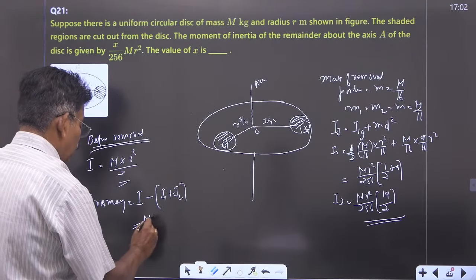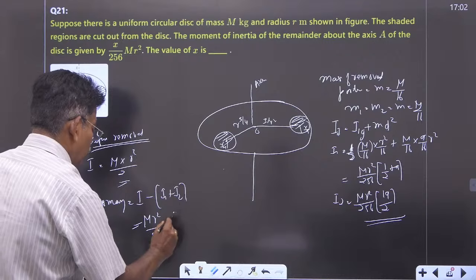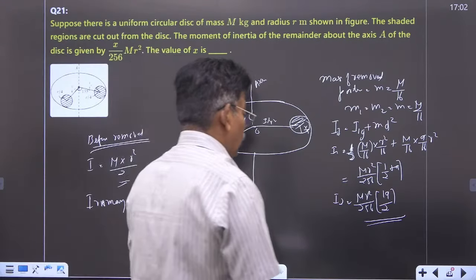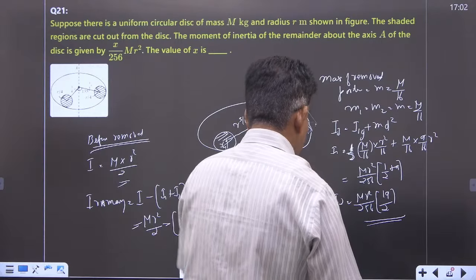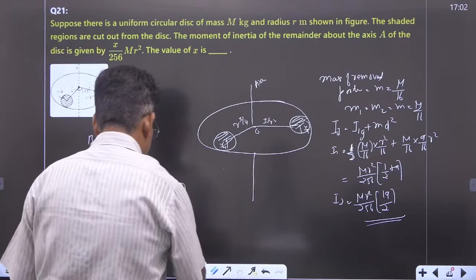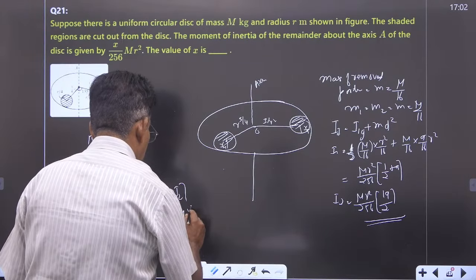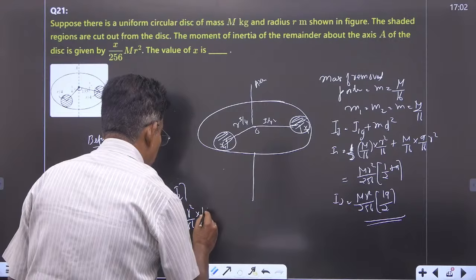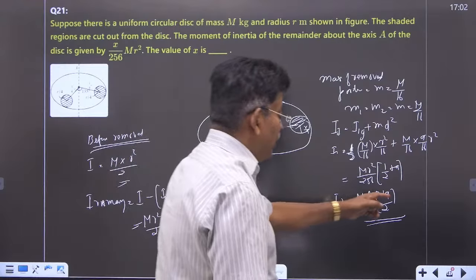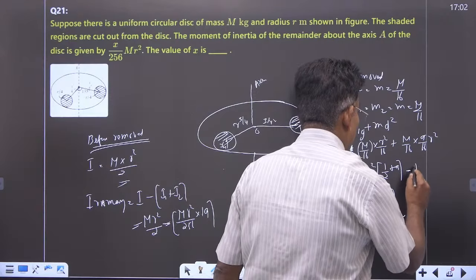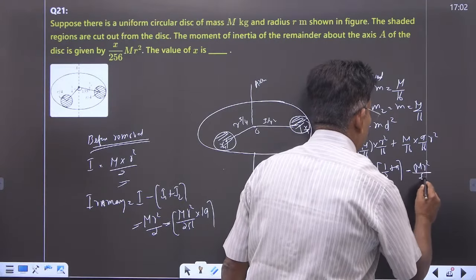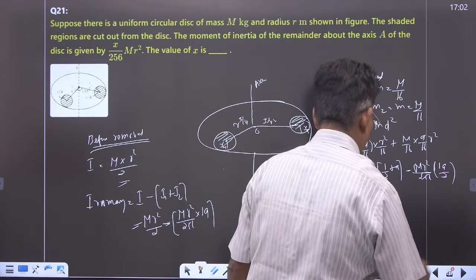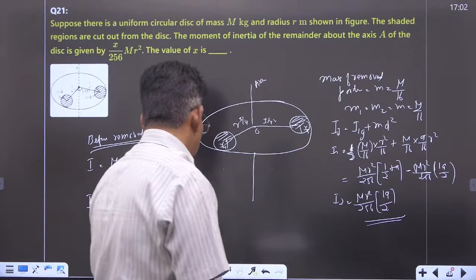I is what? Capital MR squared by 2. Then I1 and I2 are equal. Both are equal. Therefore, what will be the sum of them? The sum will be MR squared by 256 into 19, because 19 by 2 plus 19 by 2 will be 19.